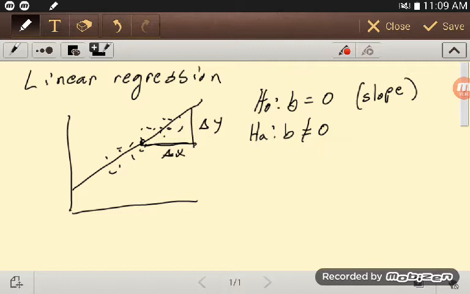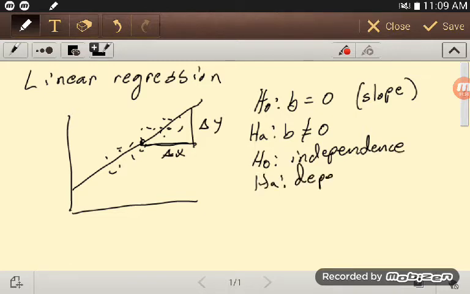And so H0 is really talking about independence, and HA is talking about dependence.